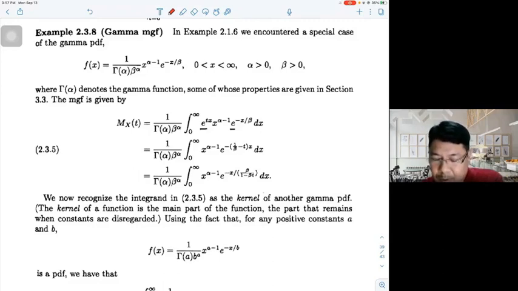So in example 2.1.16, we have encountered a special case of the gamma PDF. This actually refers to the inverted gamma probability density function. Okay, so we have here the PDF 1 over gamma of alpha, beta to the alpha, and then x to the alpha minus 1 times e to the negative x over beta.